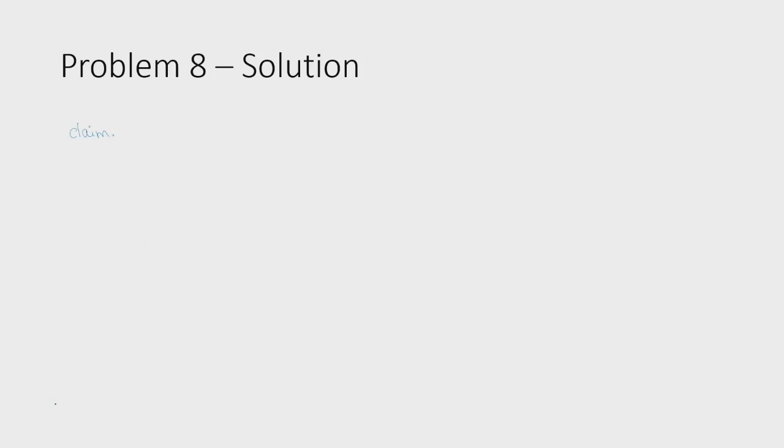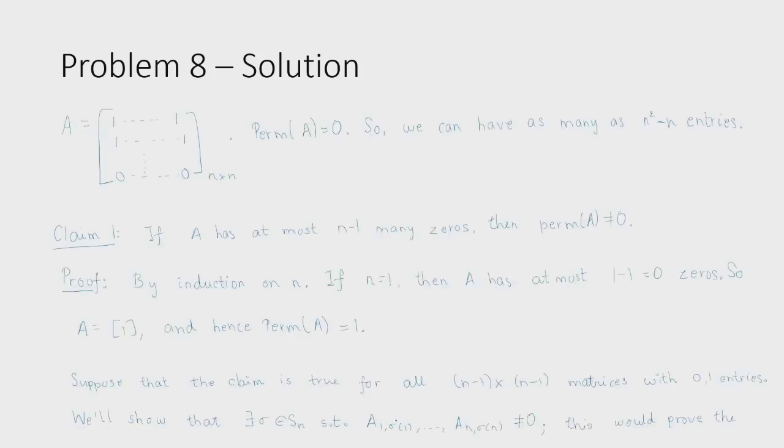Why would this prove the claim? Because we saw in the previous problem that the permanent of an n cross n matrix with 0, 1 entries is non-zero if and only if there exists such a permutation sigma. So we'll show this to prove the claim.